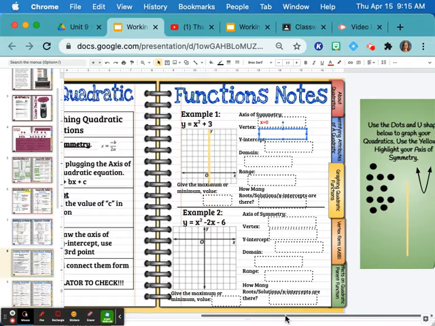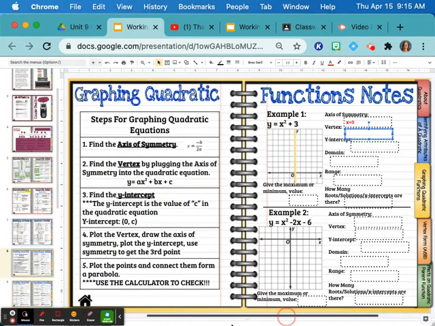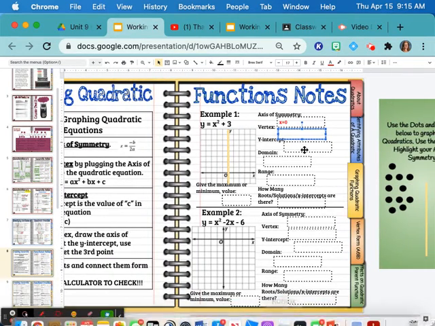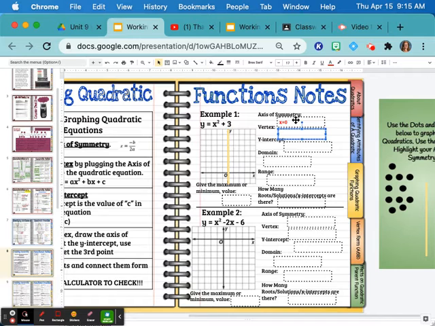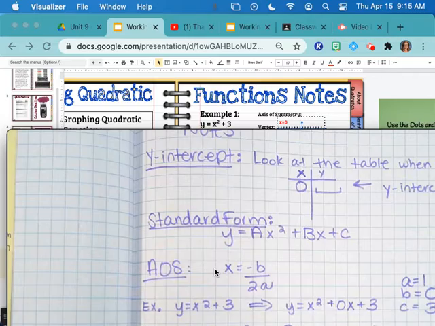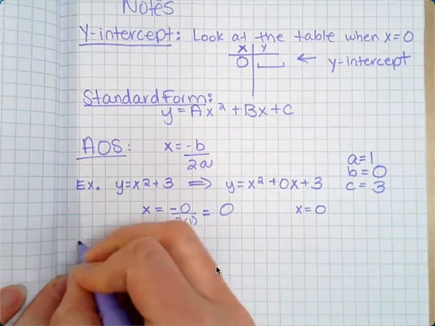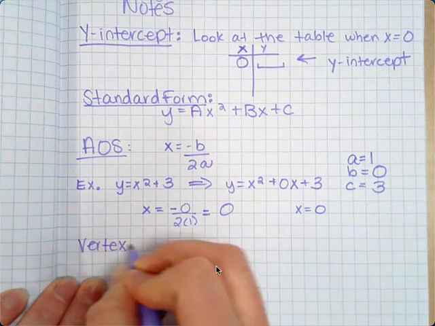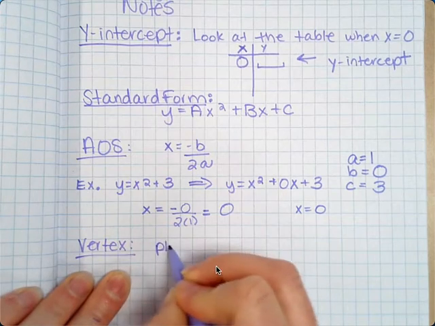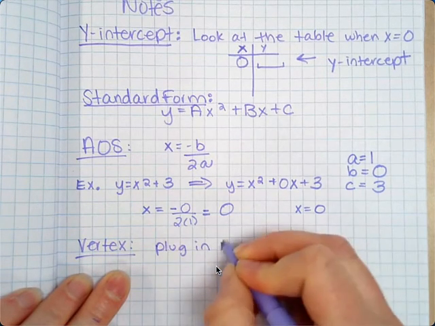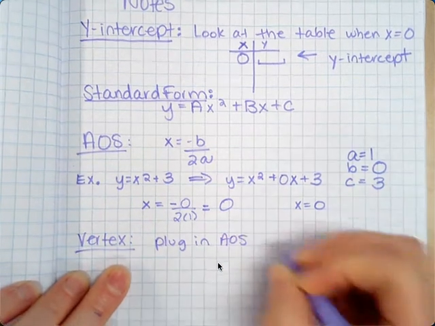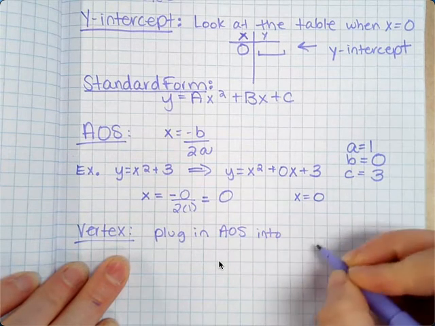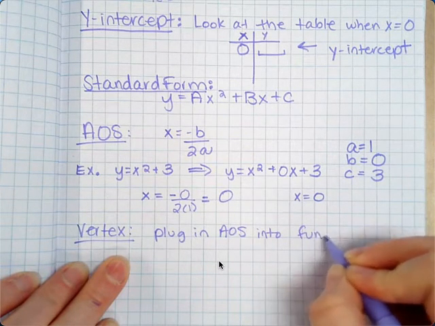The vertex. It says find the vertex by plugging the axis of symmetry into the quadratic equation. So we would plug in 0 for x to find our vertex. Plug in AOS, axis of symmetry, into a function.